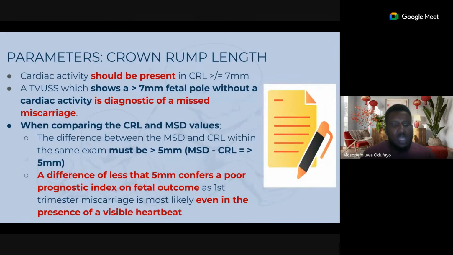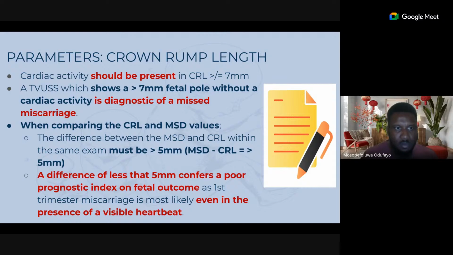Is that okay? Now, very important, these are the things that I have been trying to get us at. If your CRL is greater than or equal to 7 millimeters, you should find a cardiac activity. You should find the heartbeat.